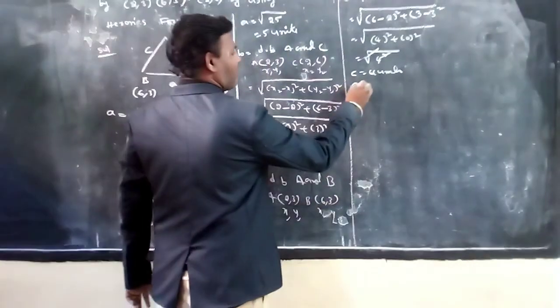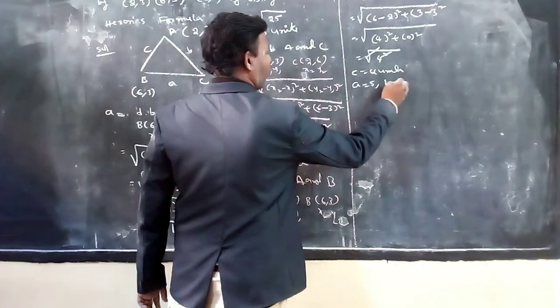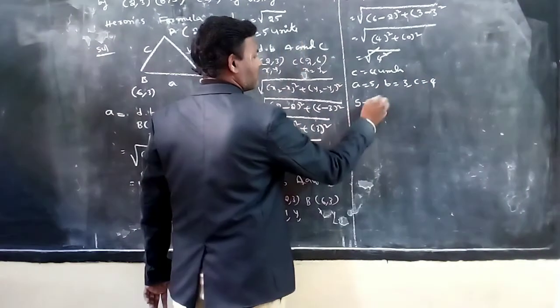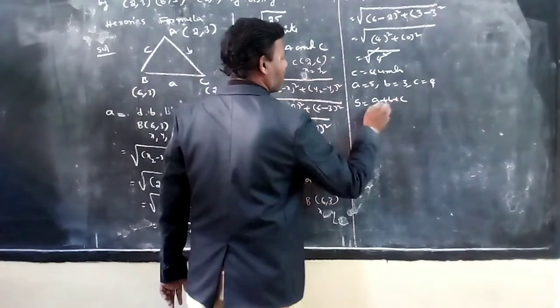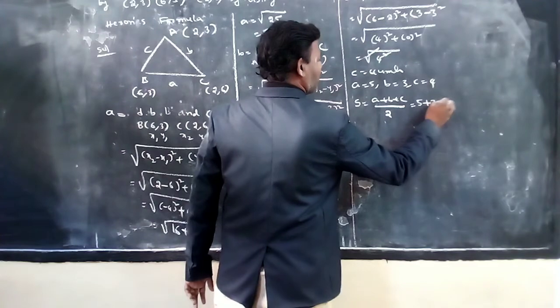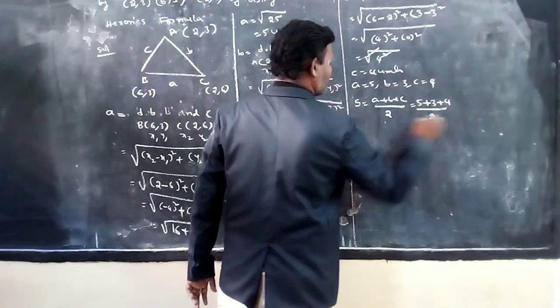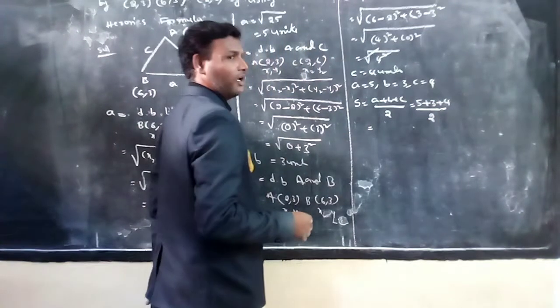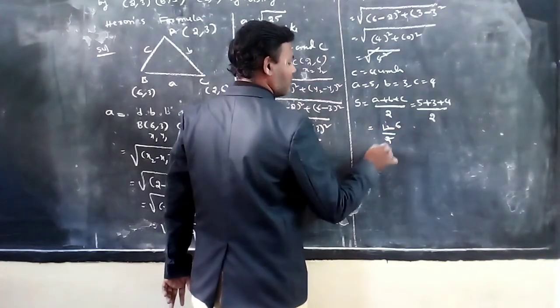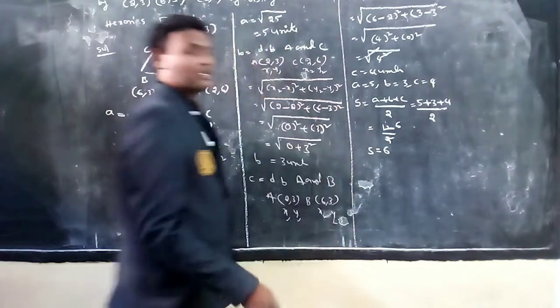Here the a value is 5, b value is 3, c value is 4. So s is equal to a plus b plus c by 2, that is 5 plus 3 plus 4 by 2. 5 plus 3 is 8, 8 plus 4 is 12, 12 by 2, 2 sixes are 12. s is equal to how much? 6.